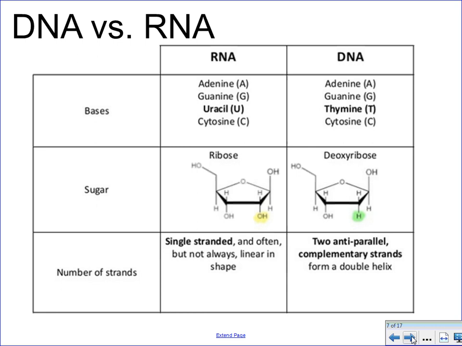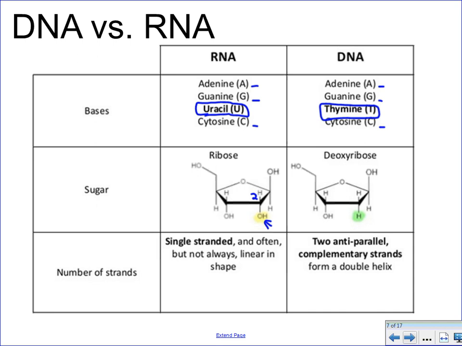There are differences between DNA and RNA that you do need to know. In RNA, the bases found are adenine, guanine, cytosine, and uracil, which is only found in RNA. In DNA, it's adenine, guanine, cytosine, and thymine, which is only found in DNA. In RNA, the presence of the hydroxyl group on carbon number 2 of the ribose gives the name ribose, so ribonucleic acid.